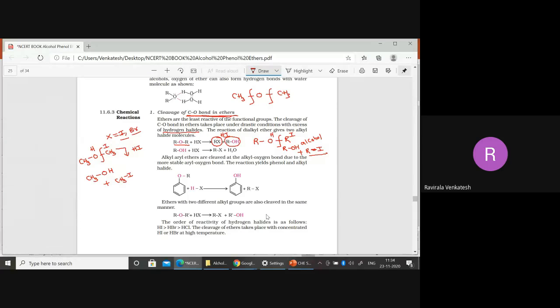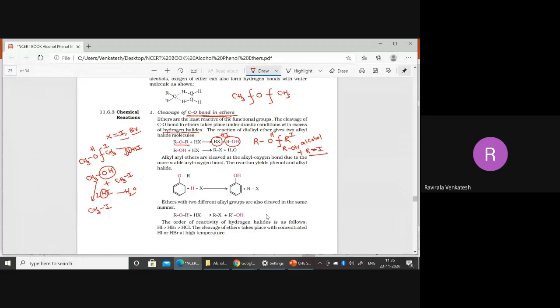But if you take an excess amount of HI, the first mole I have taken, now if I take a second mole of HI, this alcohol will react with the second mole of HI. The OH and hydrogen will be removed as water, and this iodine will attack here to give CH3I.